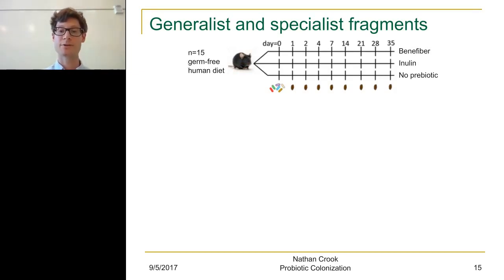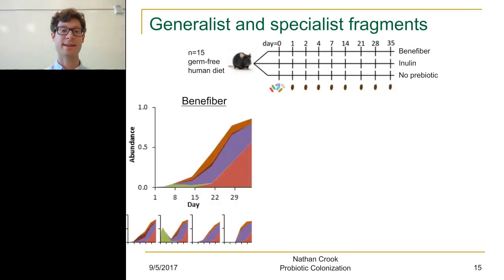In that case, the combination of a prebiotic and a probiotic is called a synbiotic. What we saw was also very, very interesting. In this case, like before, in all of our replicate mice, we saw the same types of DNA fragments enriched in each one. So in this case, in Benefiber, you see the same colors appearing again and again. Those indicate the same DNA sequences are recovered in those mice.